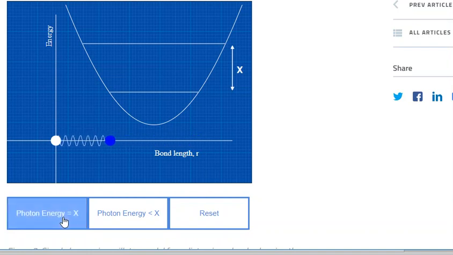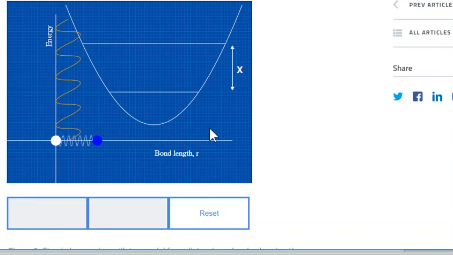If we apply light and it's absorbed, in other words, it equals that energy difference between the two energy levels, now we can see that bond is excited. Its vibration is going to change and be higher in energy.